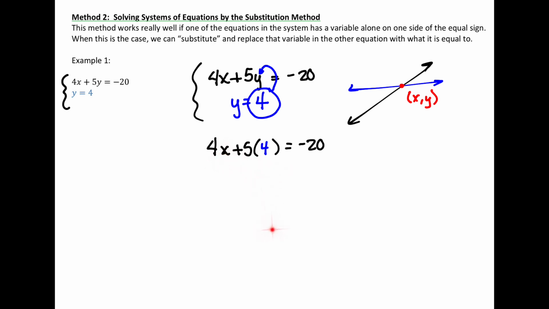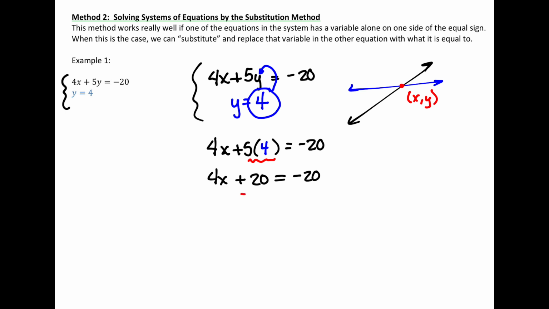So you go through the process, solve for x, and that becomes the x value of your point right here. Once you figure out what x is, we can then figure out y. Okay, so let's go ahead and do this. First thing we need to do is multiply these two, right? So 4x plus 20 equals negative 20.